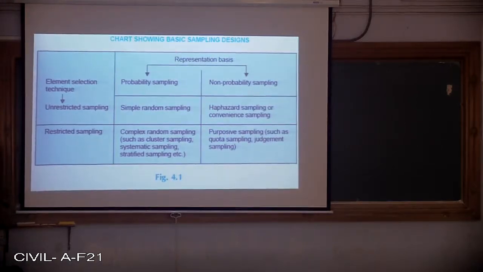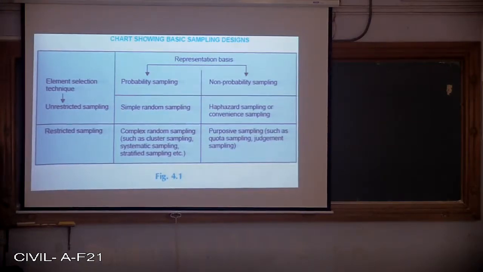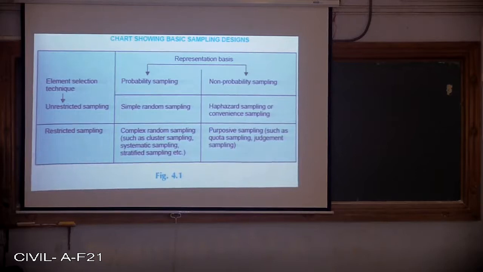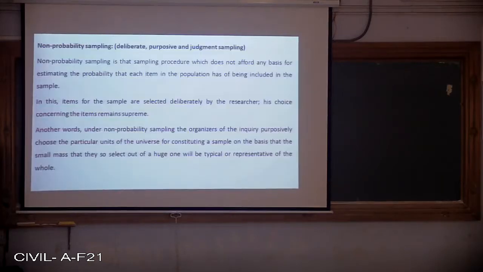Under element selection technique, in unrestricted sampling you can see that probability sampling has simple random sampling, whereas non-probability has haphazard or convenience sampling. In restricted sampling, you have complex random sampling such as cluster sampling, systematic sampling, and stratified sampling. In non-probability you have purposive sampling such as quota sampling and judgment sampling. One by one we will deal with what these are.